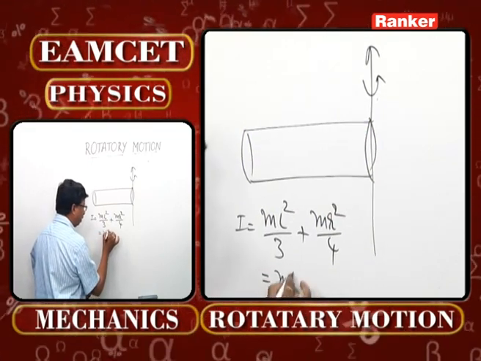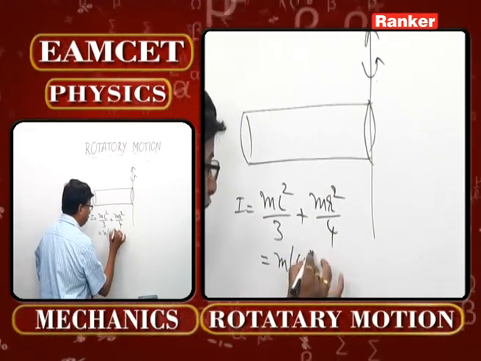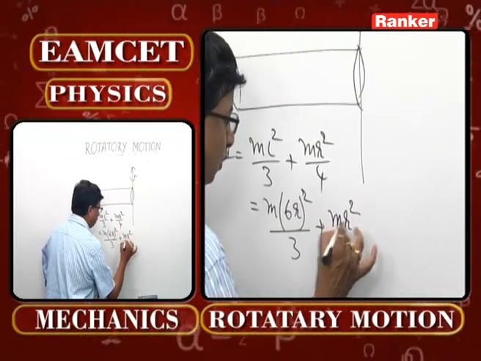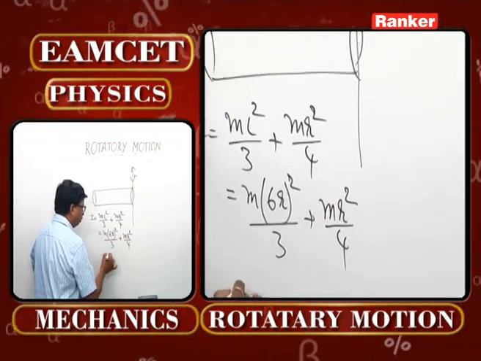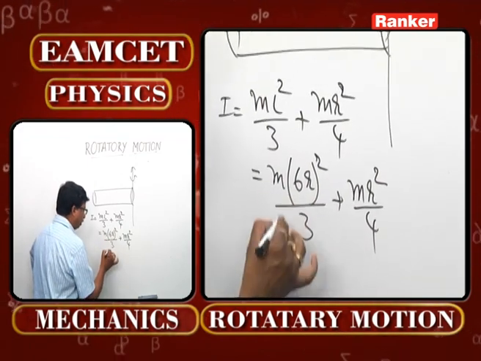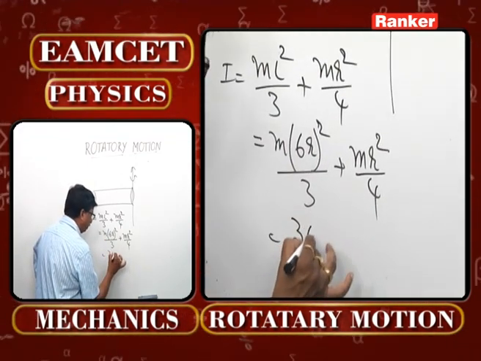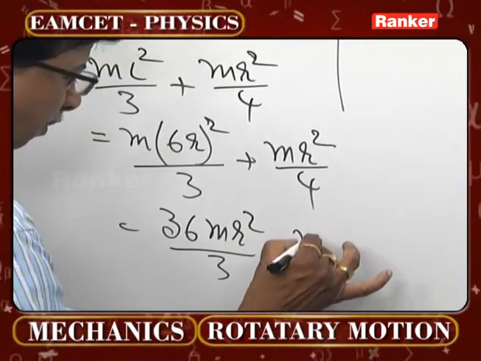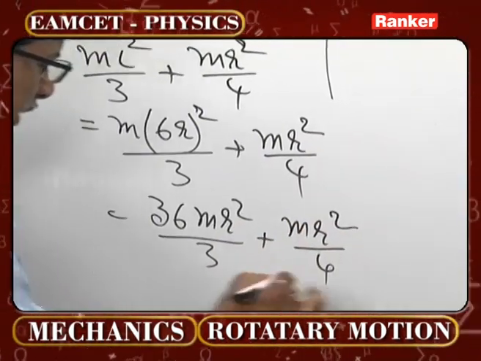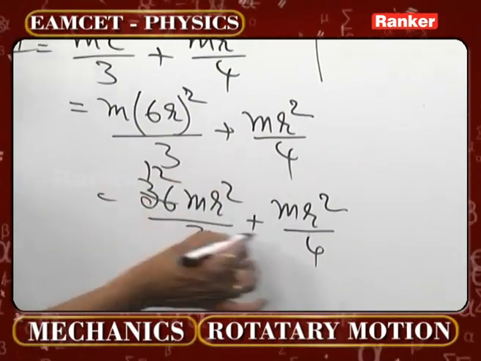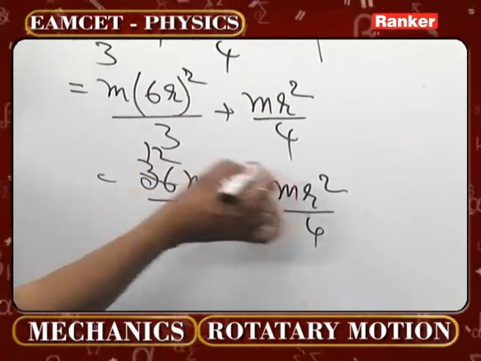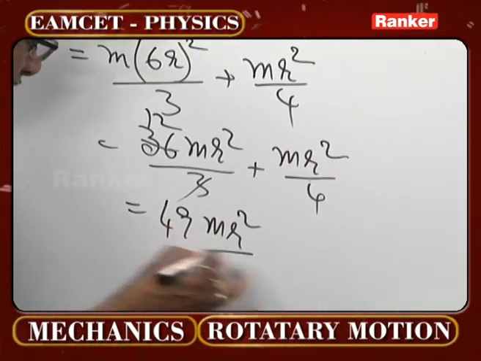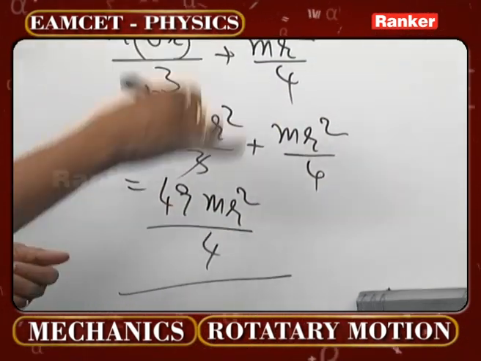So you can write m into 6R whole square by 3 plus mr square by 4. Whatever value you are getting here, this now becomes 36 mr square by 3 plus mr square by 4. Now this goes 12 times. 4 times 12, 48 plus 1, 49 mr square by 4 will be the corresponding answer.